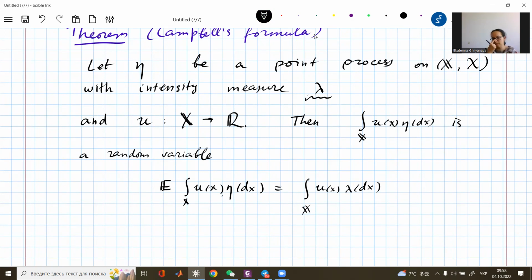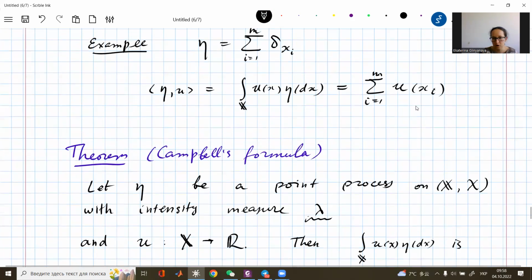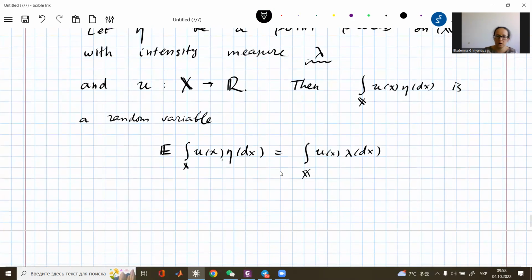So you see, on the left you have just some integral, maybe a summation of such a form, but on the right-hand side we will have just an integral, and in some cases it is not a summation, because in the general case, lambda is not the sum of delta functions.